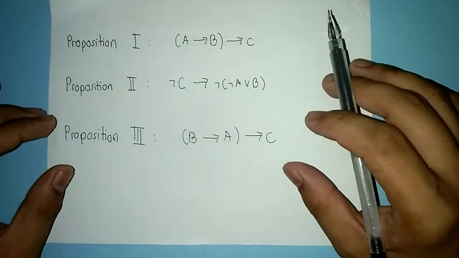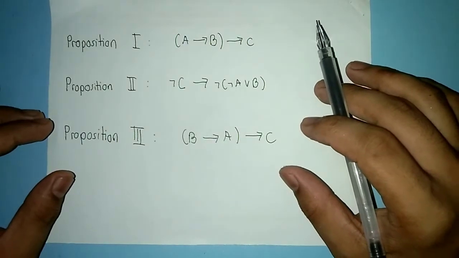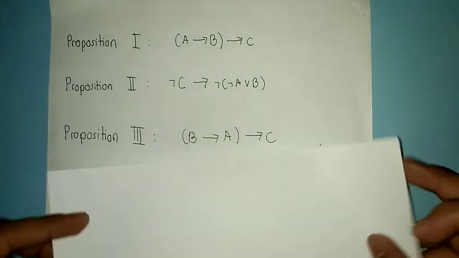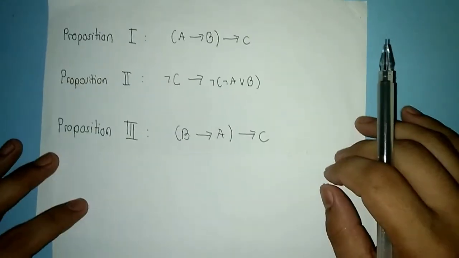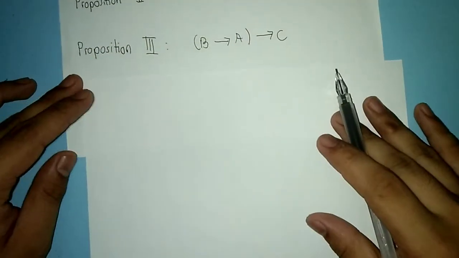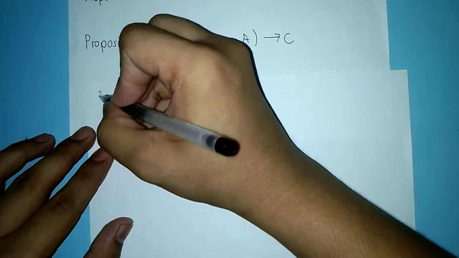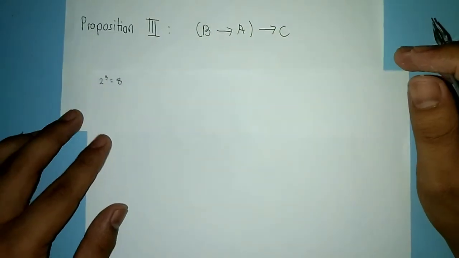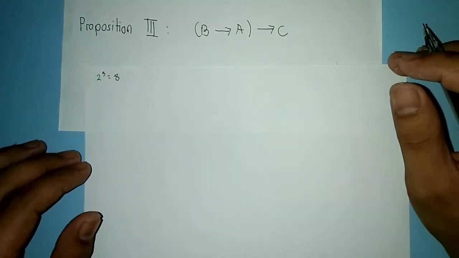So let's get the truth table of all these propositions. Since, if you notice, we have here A, B, C, so three propositions, when we take 2 raised to 3, we have 8. So in the truth table, we will have 8 rows.